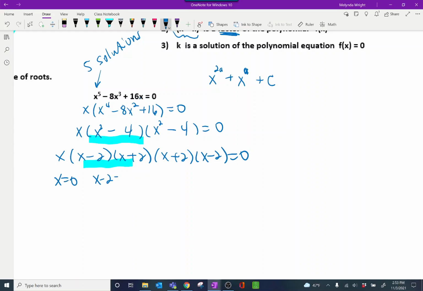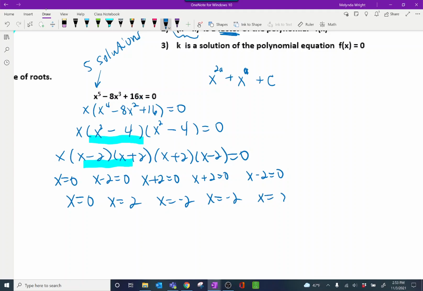So x minus 2 is 0, x plus 2 is 0, x plus 2 is 0, and x minus 2 is 0. Okay, so now I've got x equals 0, it's one of them, x is 2, x is negative 2, x is negative 2, and x is 2.